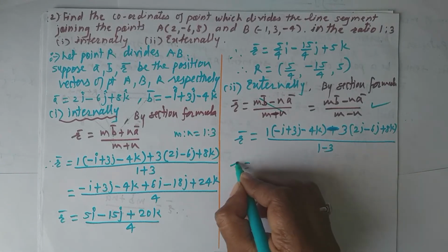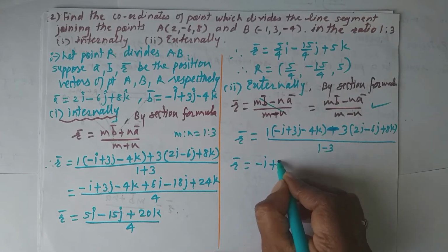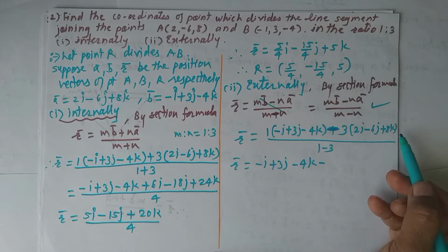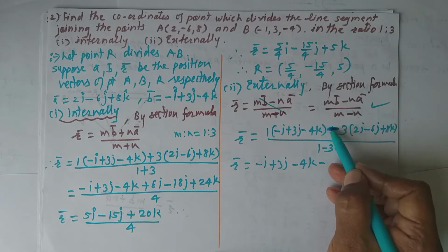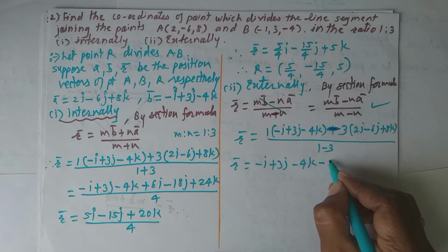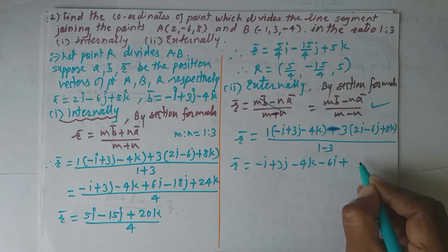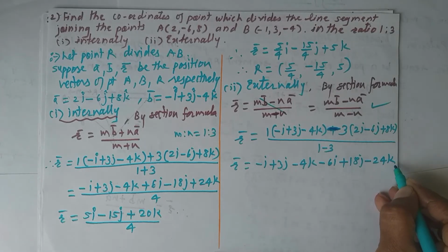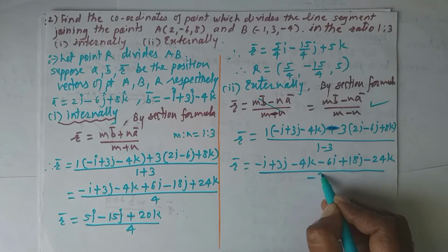Now open the bracket. Here this will be minus i plus 3j minus 4k, and outside the bracket is a minus sign. Therefore all the signs of the inside terms will get changed, and this will be minus 6i plus 18j and minus 24k, divided by minus 2.